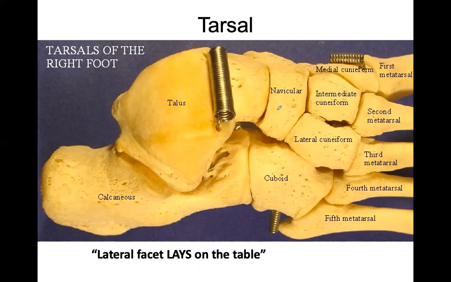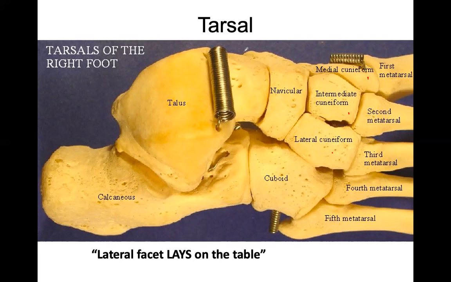Then you go in front of that, navicular, and then cuboid in front of the calcaneus. And then you have 3 cuneiform bones. Lateral cuneiform, which is closer to the 5th metatarsal. Then you have your intermediate cuneiform and then the medial cuneiform, which is where your big toe is.